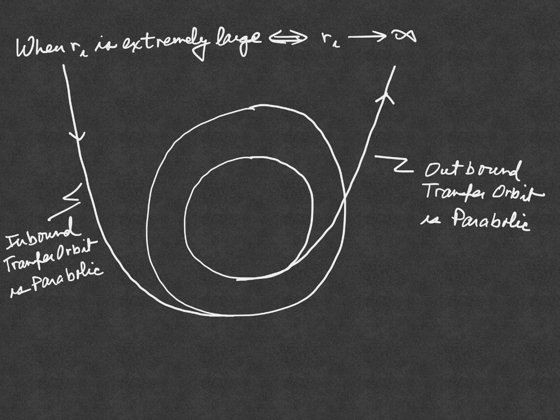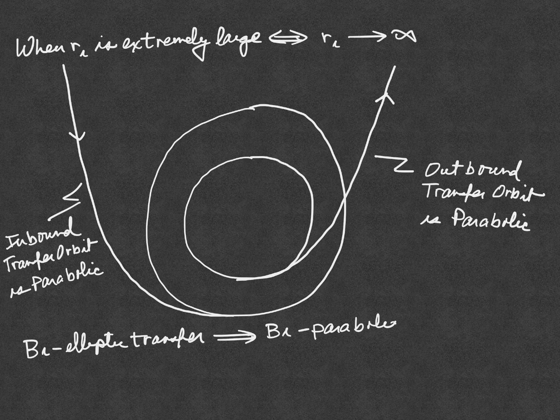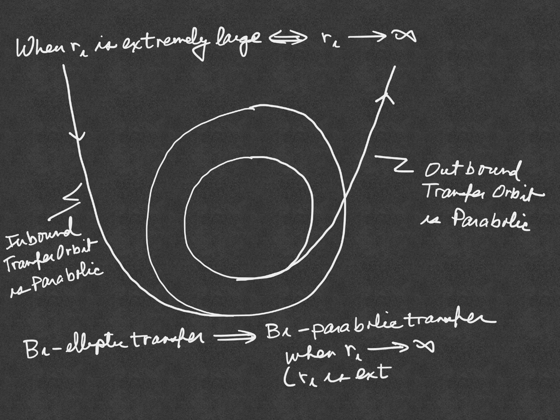Because of this structure, the bielliptic transfer becomes a biparabolic transfer when Ri approaches infinity. It's equivalent to saying Ri is extremely large.